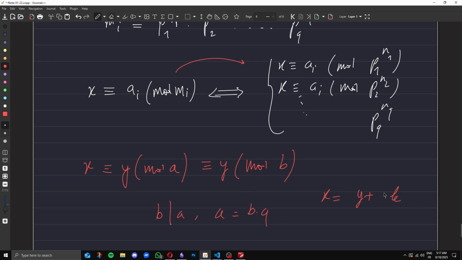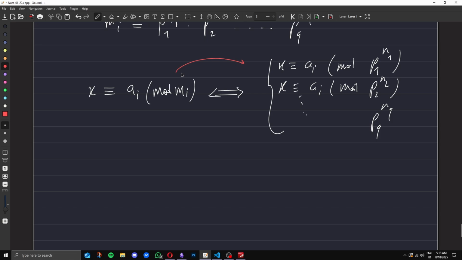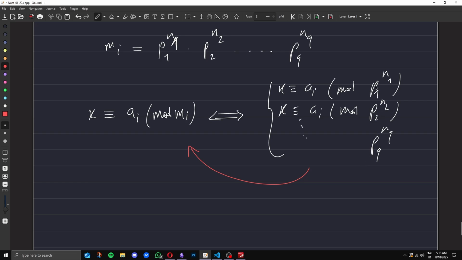So if right here a is equal to b times q, we can change this to y modulo b. So in this case, going from here to here, obviously all of these prime factors divide mi. So this implies each one of these. That makes sense, right?